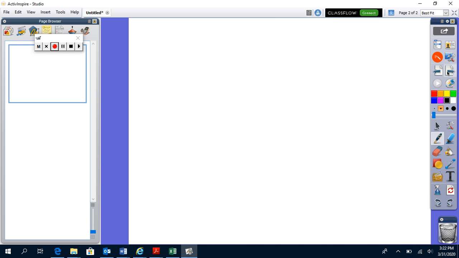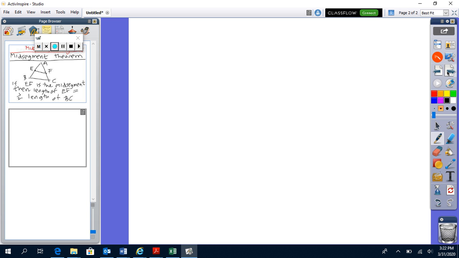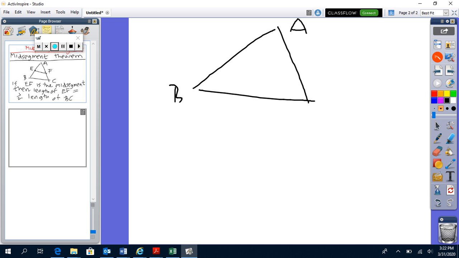So, to give an example, let's say we have a triangle A, B, C. Here's our triangle, and let's say we know that EF is 4.